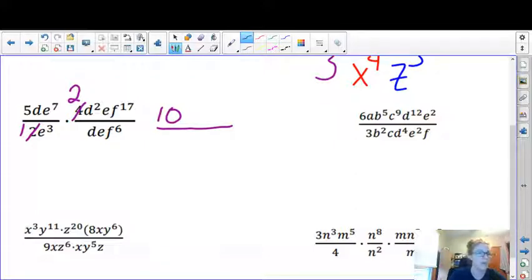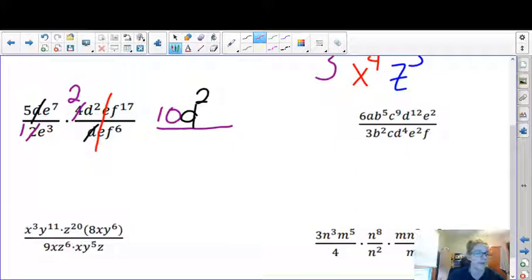Okay, I have a d on top here. I have 1 d on the bottom there, so they're going to cross out. I look and I see there's no other d's to cancel top and bottom. So I have 2 of them left over on top. I can do these 2 e's right here. They're gone.